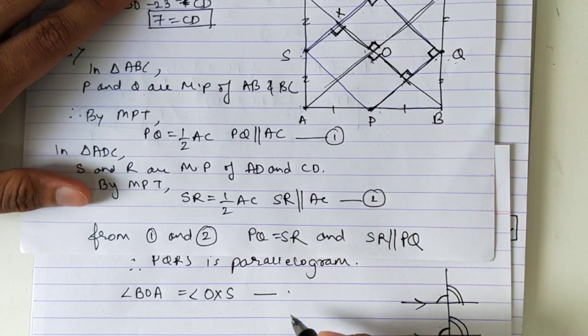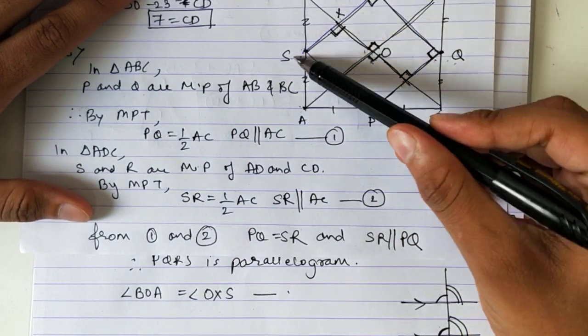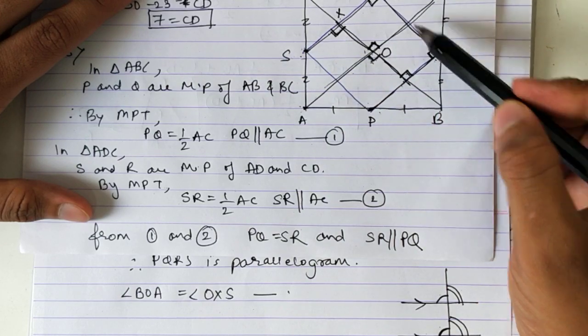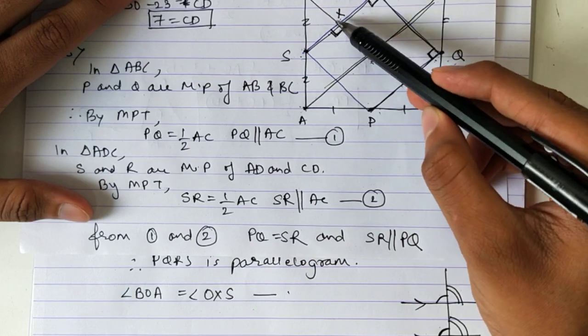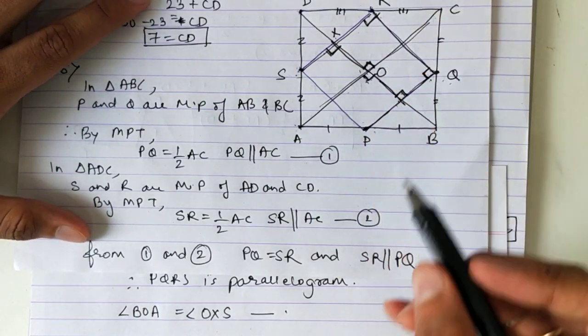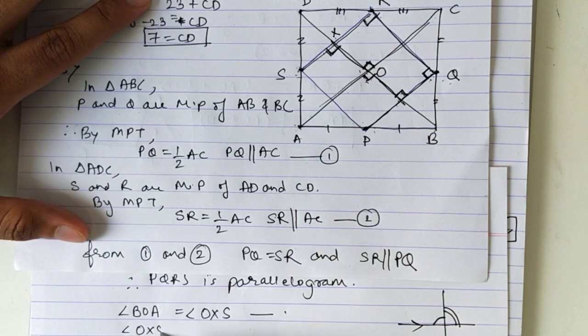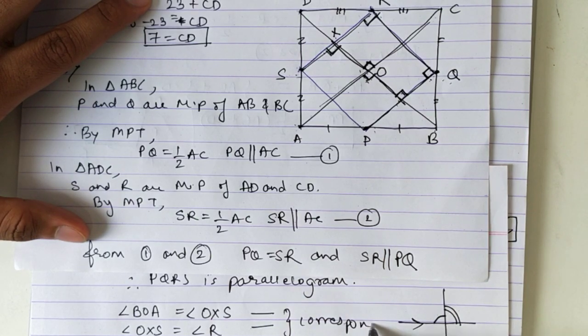Reason is corresponding angles, and here angle OXS is equal to angle QR or angle R. Just write angle R. Okay, so this angle OXS is equal to angle R here. For both, the reason is corresponding angles.